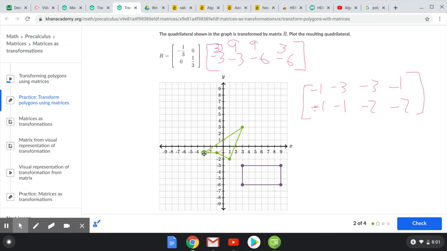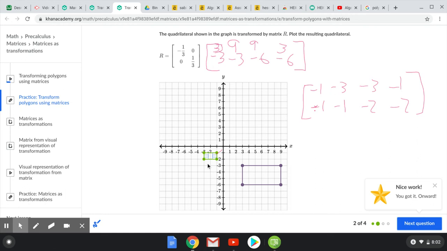So I'm going to move this to negative 3, negative 1. And then negative 3, negative 2. And negative 1, negative 2. So this is my little rectangle. You can see we did it correctly.